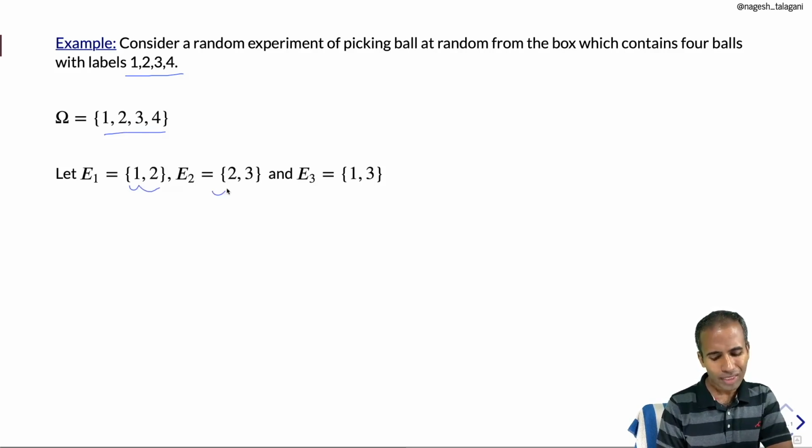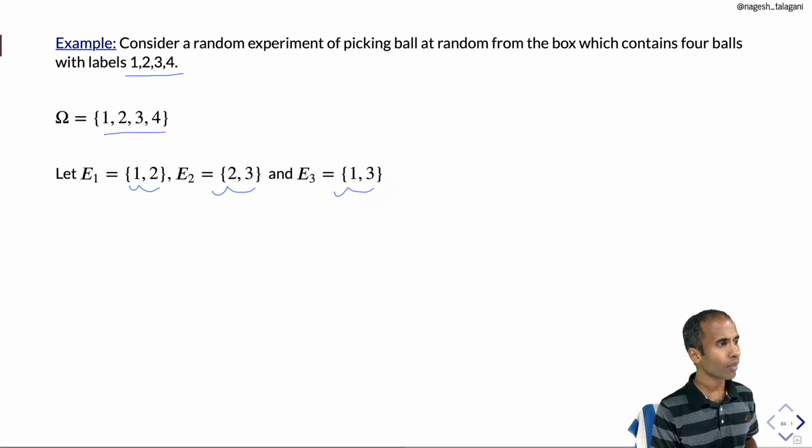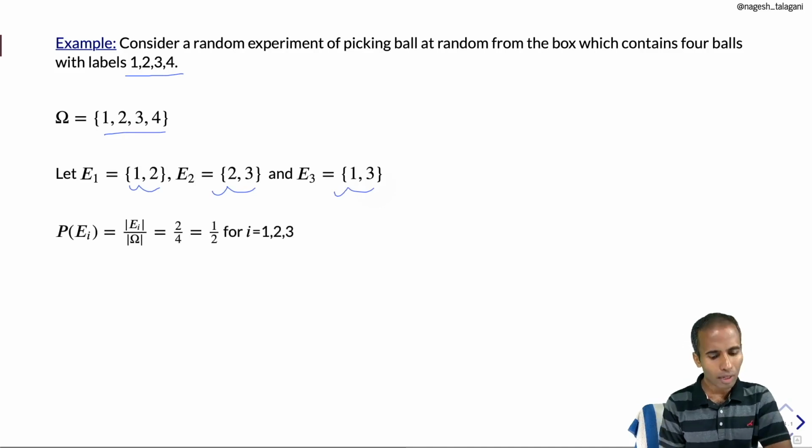E2 is the event consisting of the 2 outcomes 2 and 3. E3 is the event consisting of the 2 outcomes 1 and 3. So the probability of Ei equals the number of elements in Ei by the number of elements in omega, which is 2 by 4, that is 1 by 2, for all i equal to 1, 2, 3. That means probability of E1 is 1 by 2, probability of E2 is 1 by 2, and probability of E3 is also 1 by 2.